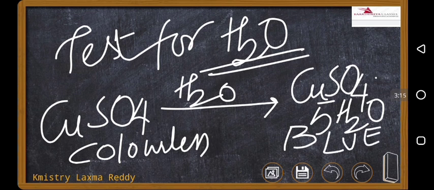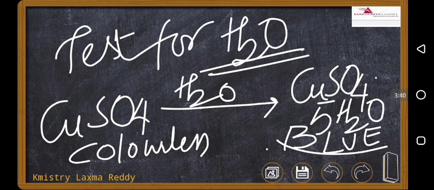Due to the formation of blue color, you can say it is water that you have added to anhydrous colorless copper sulfate. So test for water is very simple. You are adding copper sulfate to water, it is turning into blue. Copper sulfate anhydrous is colorless, which is converted into blue color copper sulfate.